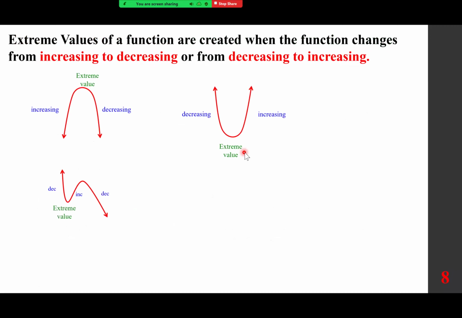At the bottom and at the top we have the extreme values. Again here, increasing, decreasing, increasing, decreasing. At the bottom we have an extreme value. At the top also we have an extreme value. And of course, the concept that gives rise to a local max versus a local min.